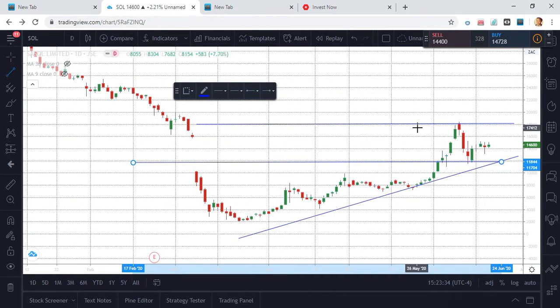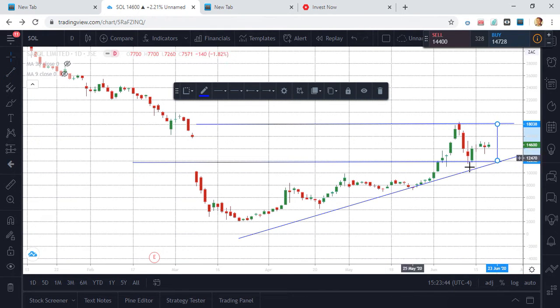What we can observe for now is that if we draw this channel here, it's more like a channel between these 2 points. If we move to the upper side, the market has a chance to go to those regions there, so we'd be moving from 18 rand to 24 rand, the price of Sasol.